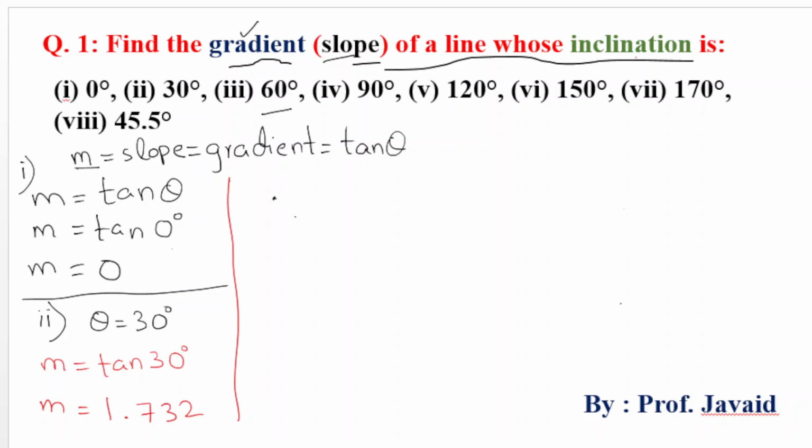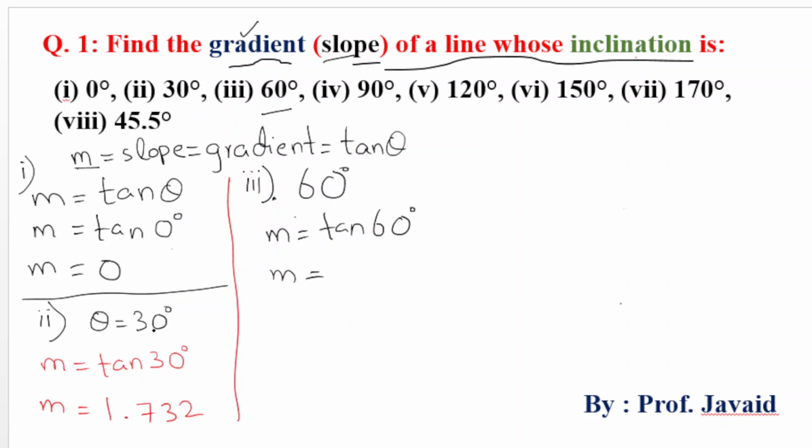So that is the third part. What's the third part? This is 60 degree. So 60 degrees, basically m is equal to tan 60, or m is tan theta or tan alpha you can write, and then you can put, so tan 60 you can find.